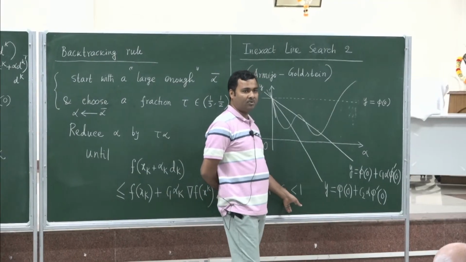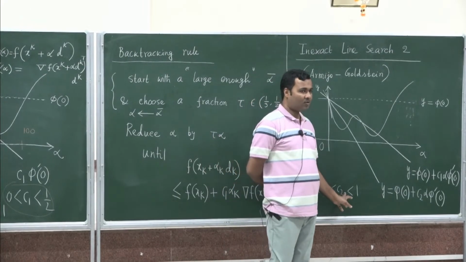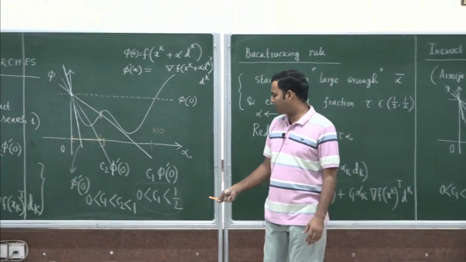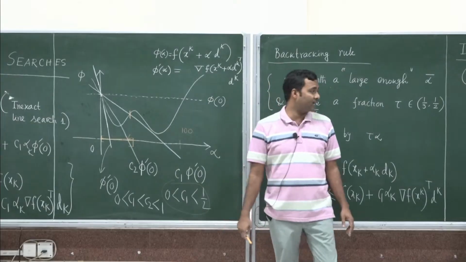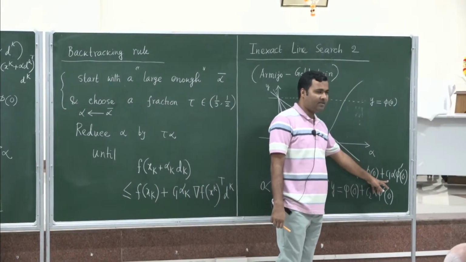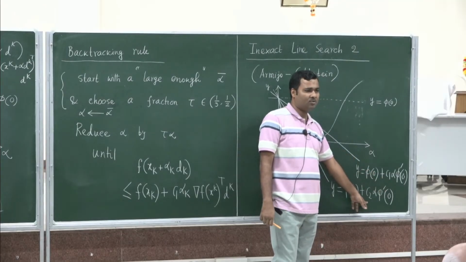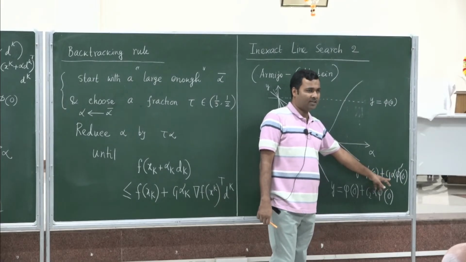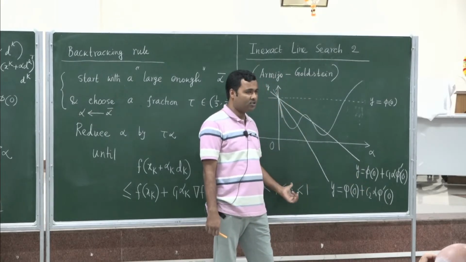Then 1 minus C1 is certainly bigger than C1, and 1 minus C1 is less than 1. So if we restrict C1 to be between 0 and half, that was the restriction in the Armijo rule. Here is a little deviation: different books suggest C1 and 1 minus C1, but in that case you choose C1 between 0 and half, and that restriction should be there. However, in the earlier formulation you don't have C1 restricted between 0 and half.